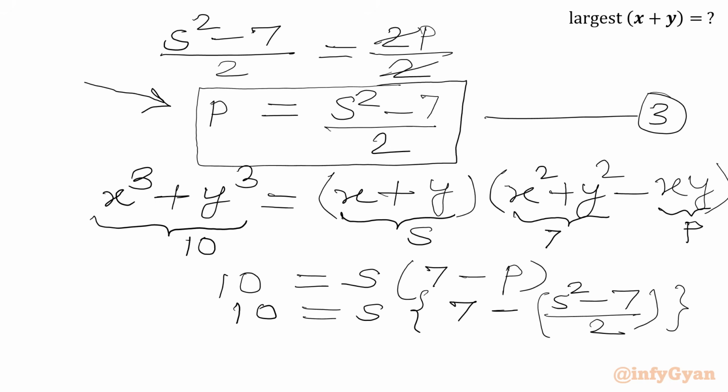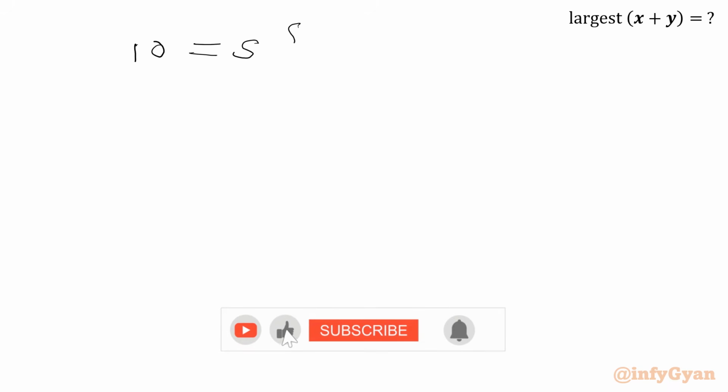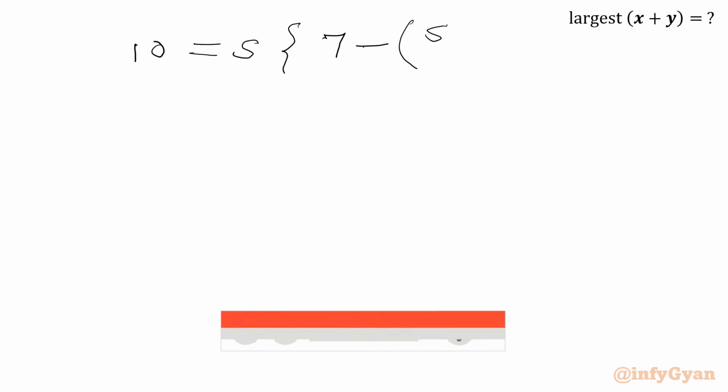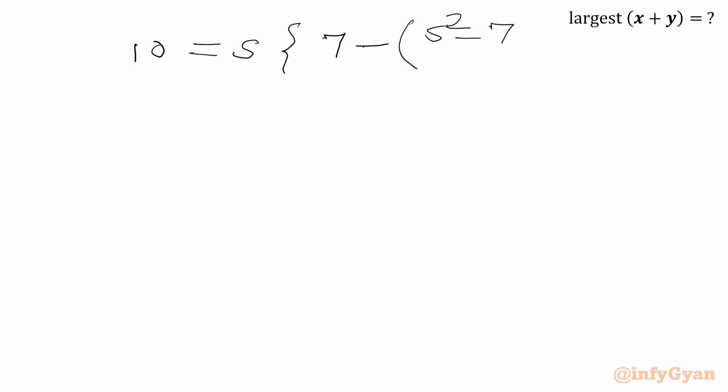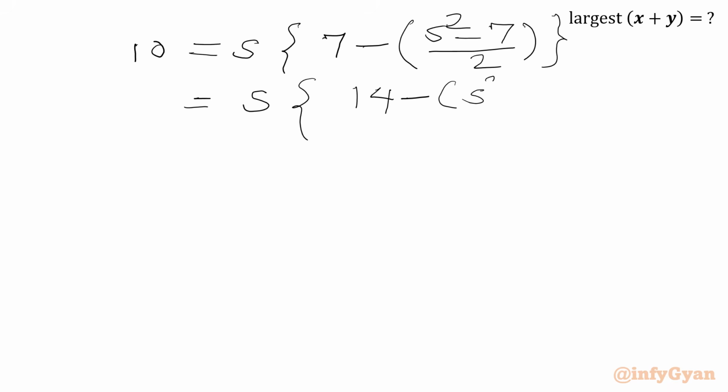Let me write this equation here. 10 equal to S times, in the bracket, 7 minus S square minus 7 over 2. So we will take LCM and write S times 14 minus S square minus 7 over 2.